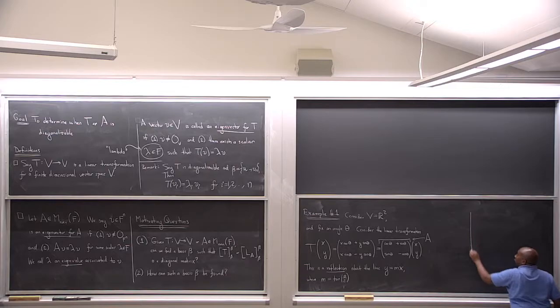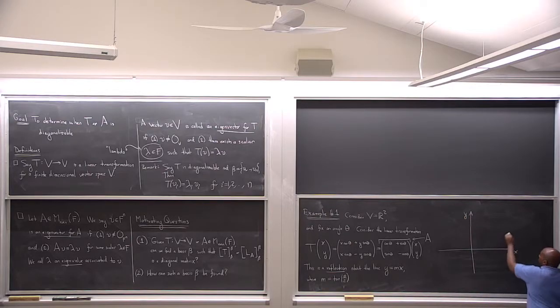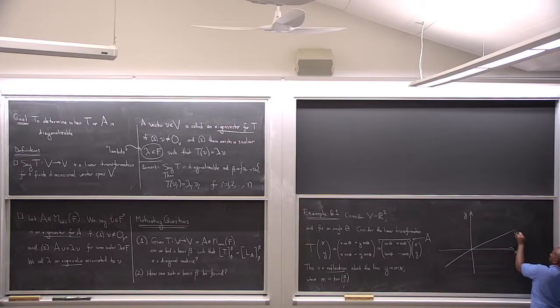So here we can try to draw a quick picture to get a better idea. So let's draw our line. And if you will, this angle here is actually theta over 2. So if I have a point here, maybe xy, then what's going to happen is this will simply be a reflection. So that'll reflect over to this point, T of xy.